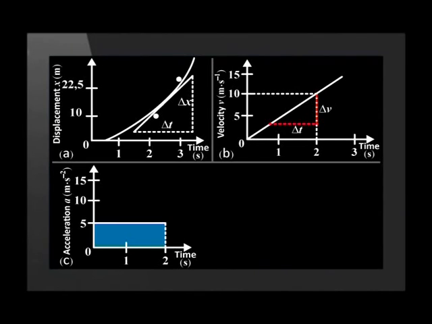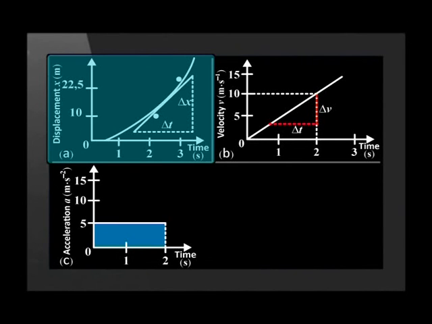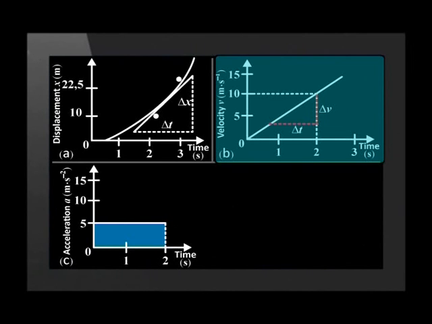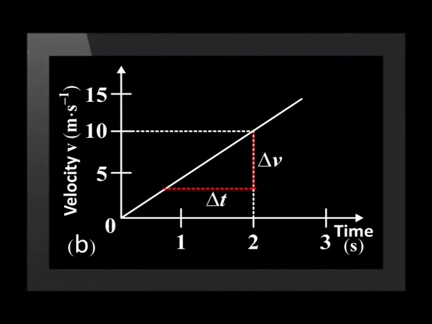To summarize, look at these 3 graphs that represent constant acceleration. The displacement time graph is curved, and the gradient of the tangent to the graph at a specific point gives us the instantaneous velocity at that point in time. The velocity time graph for constant acceleration is a straight line graph.